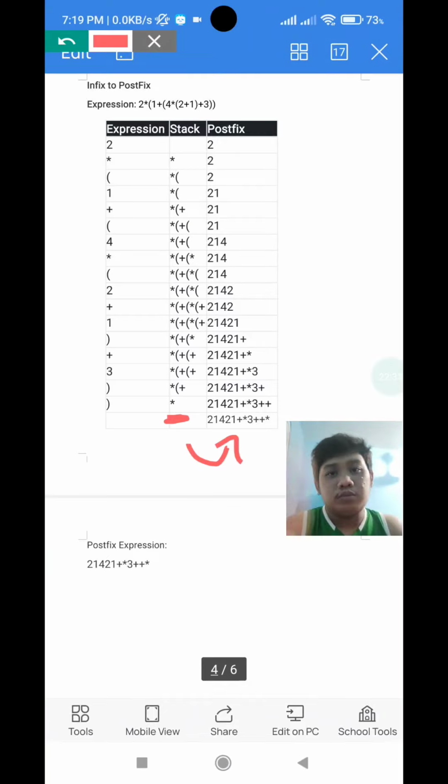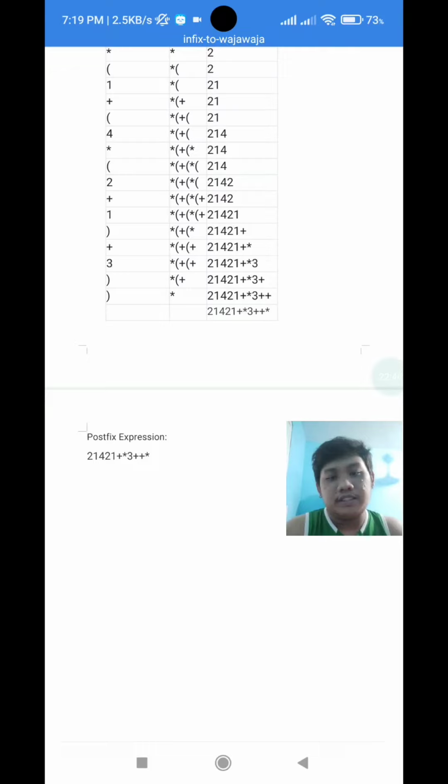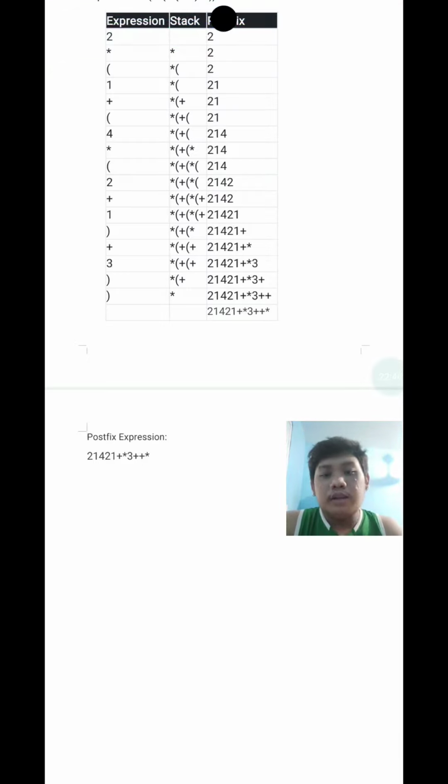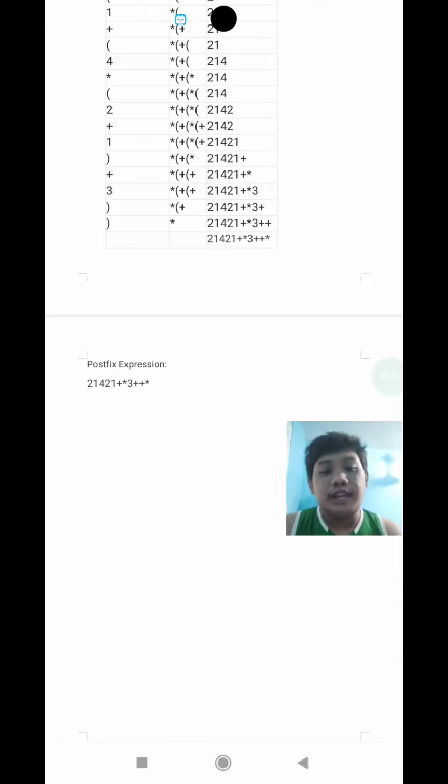So our final output in postfix expression is 2 1 4 2 1 plus times 3 plus plus times. And that is all for today. Thank you.